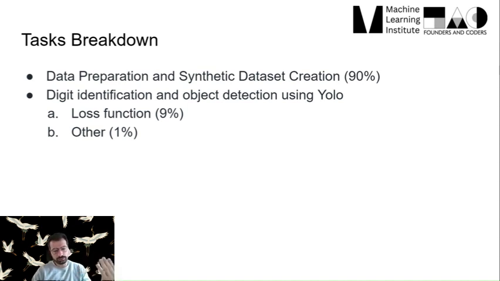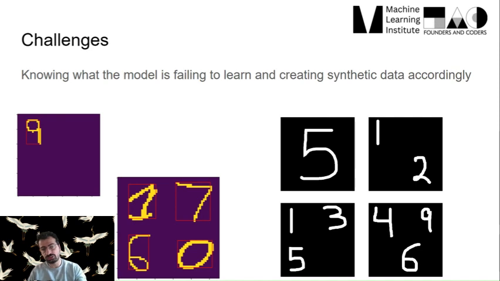That's actually the biggest challenge I would say that we faced: knowing what the model is failing to learn, and creating a data set that allows the model to learn these things. So, for example, you can see on the left, when it was coming from the MNIST, the model was doing really well, both detecting what digits they are, and the bounding box was doing a fabulous job.